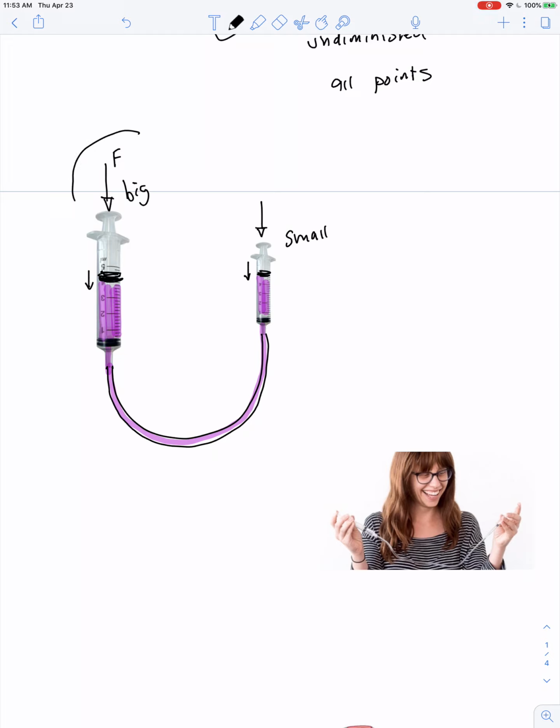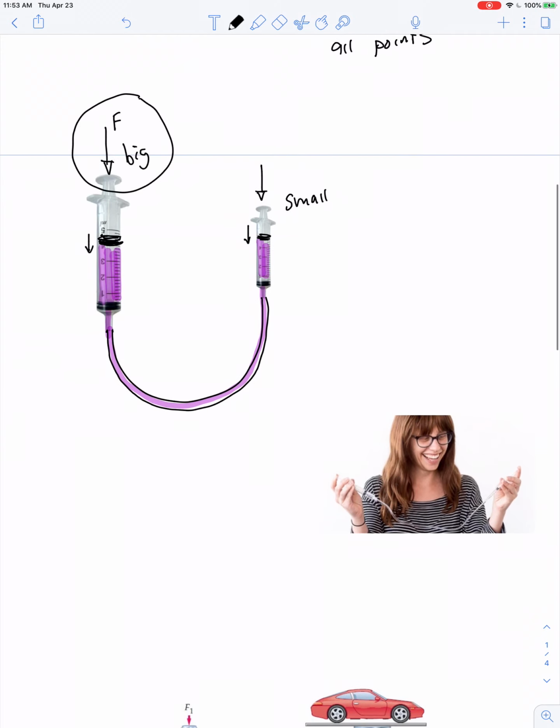And so your gut might tell you, well, the bigger one should be able to exert a stronger force. But if we take into account what Pascal's principle says, it says as one person pushes here and another one pushes here, the changes in pressure combined from the two volunteers' efforts has to be the same at every single point. So here's the thing about it.